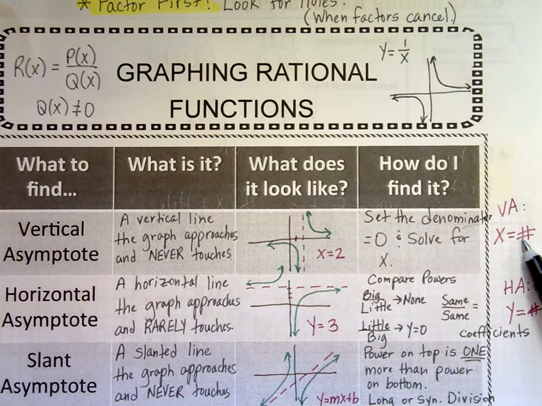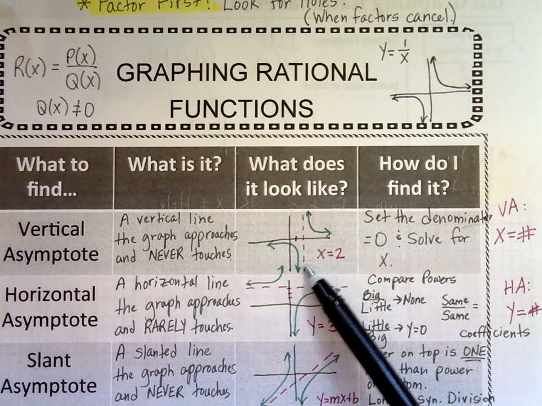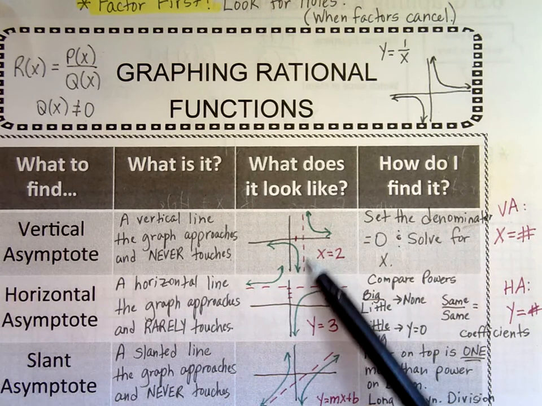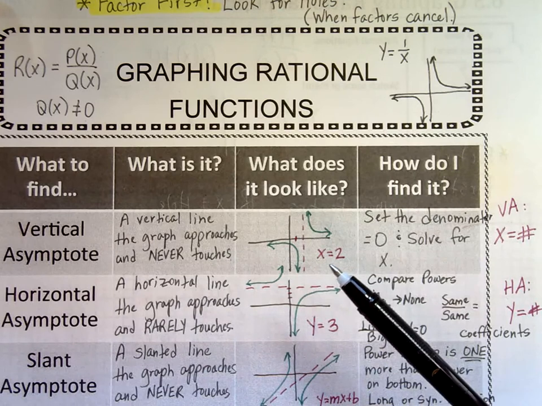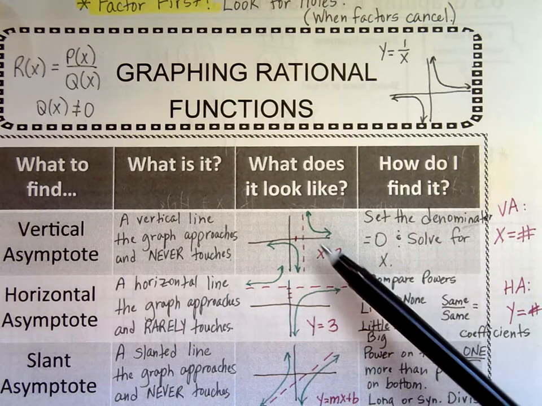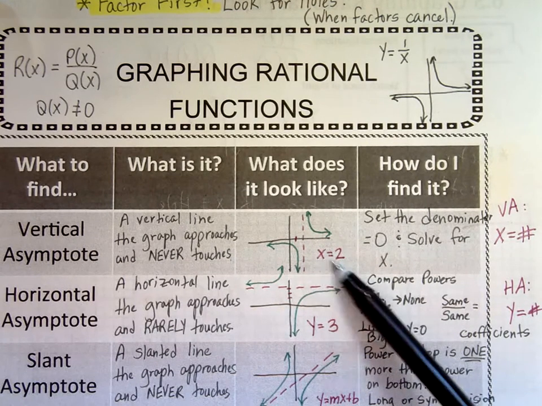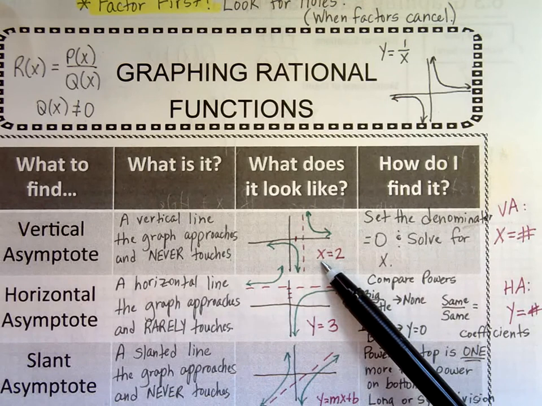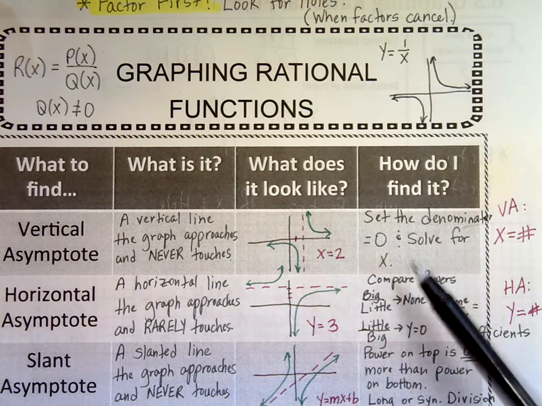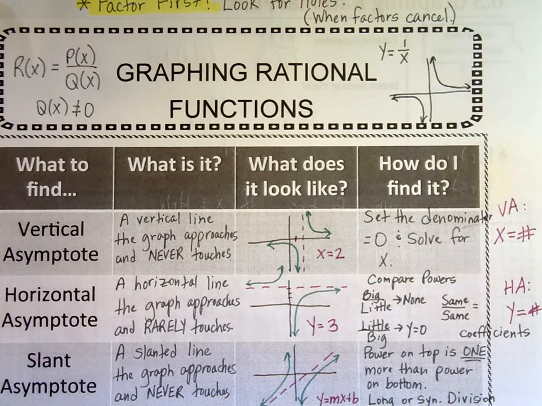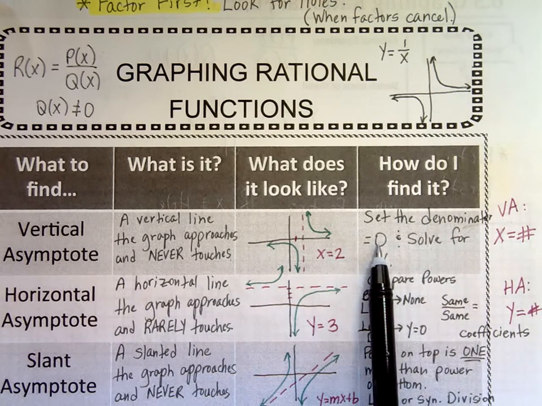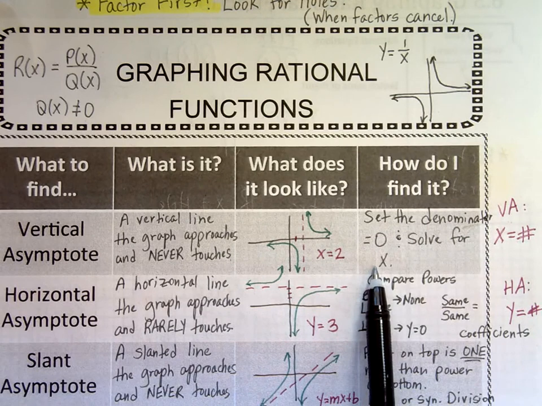By the way, that x equals is important because you're actually talking about the equation of a line. You can't just say 2, because 2 is just a point. This one is x equals 2 because it's actually the equation of a vertical line. So make sure you have the x equals with it. It's very significant. So how do you find it? This is the most important column that you're going to be using as you go to graph it. Set the denominator equal to 0 and solve for x. That's how you find it.